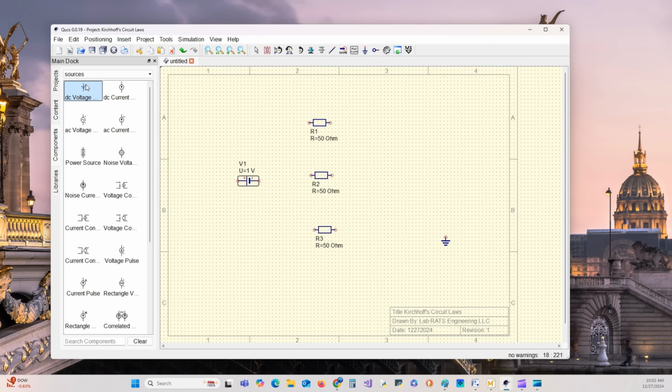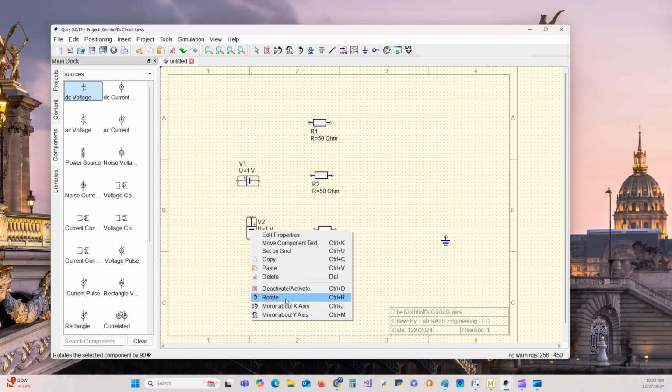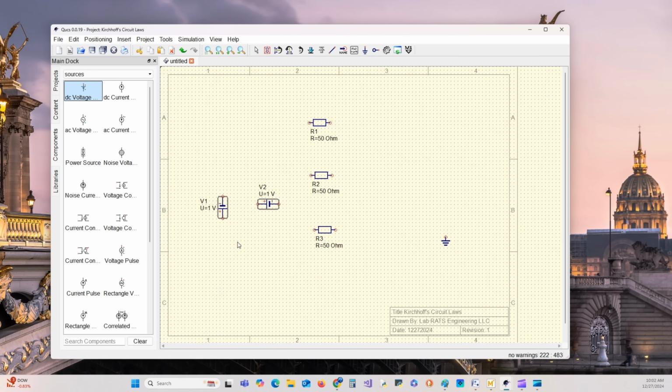Okay, we need another power supply. VDC2, and this will be, there we go.